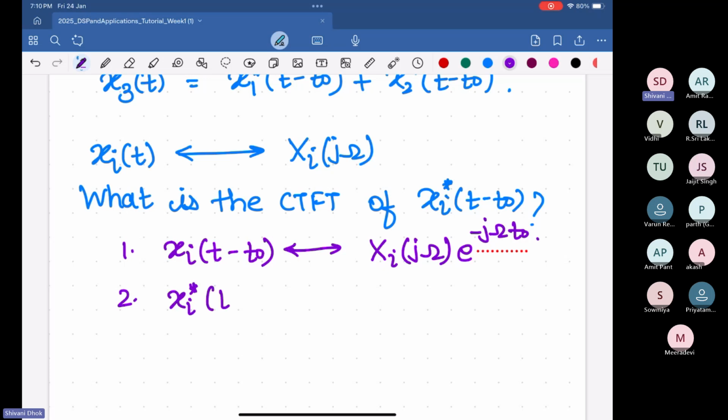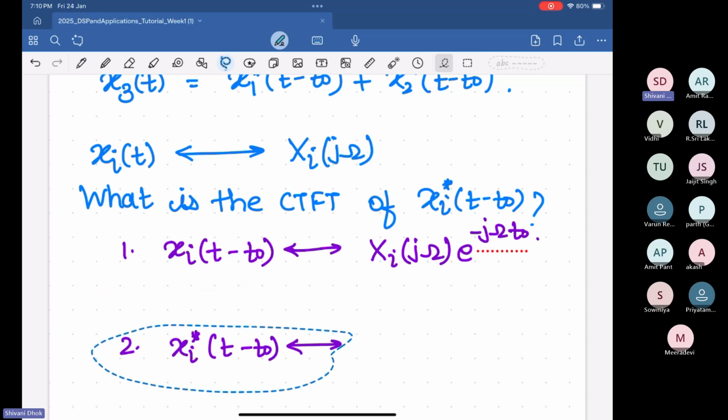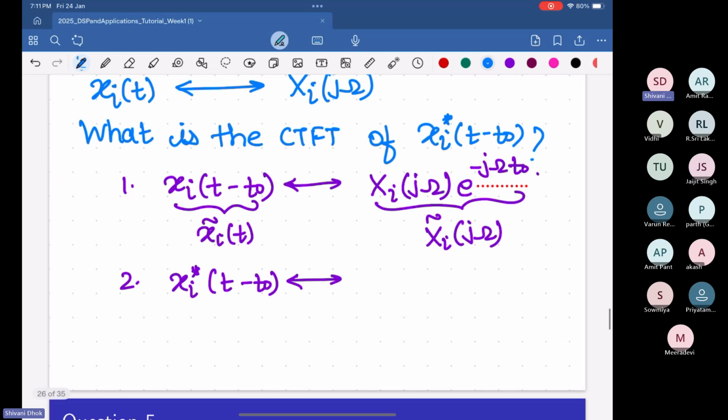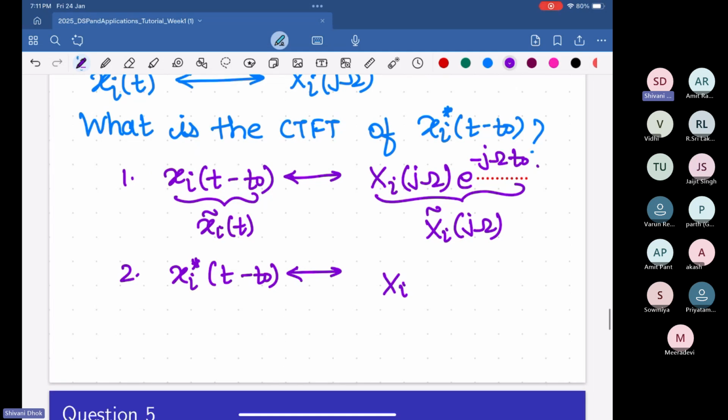And now what we need to do is take the conjugate, xi conjugate of t minus t naught. For that, let us define some notation again. Let's say this is some xi tilde of t, and this thing here is some xi tilde of j omega. Using the conjugate property, what we get is xi tilde of minus j omega, conjugate.